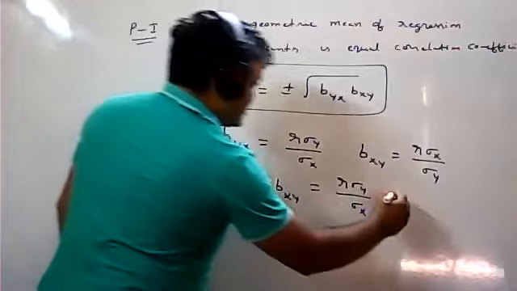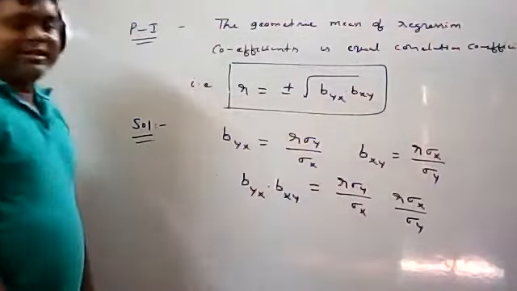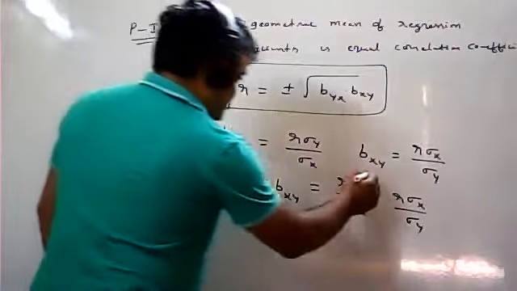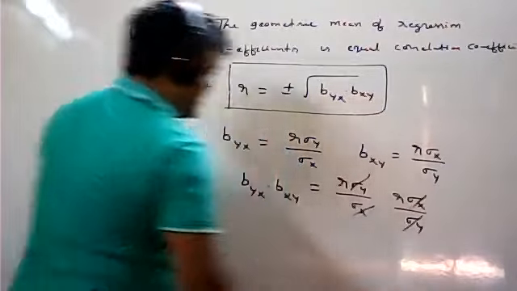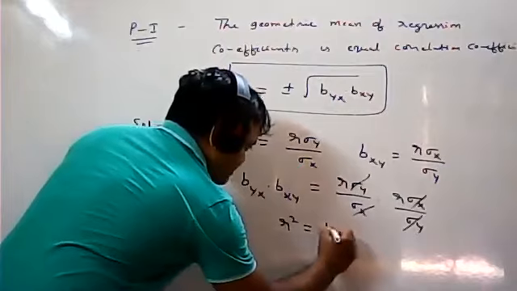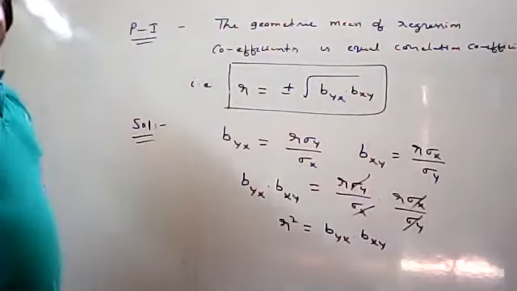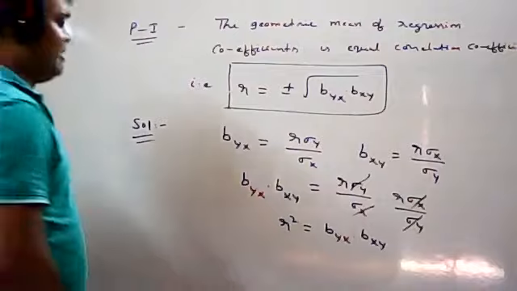Bxy is r sigma x by sigma y. Sigma y and sigma x get cancelled. So finally, r square equal to Byx into Bxy.